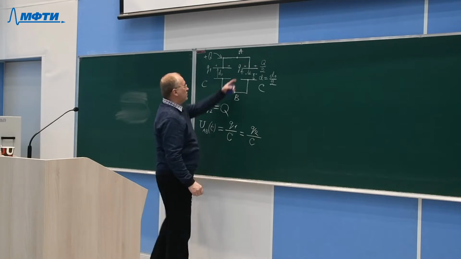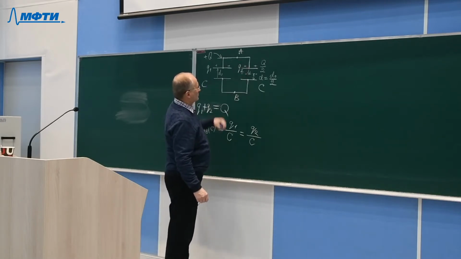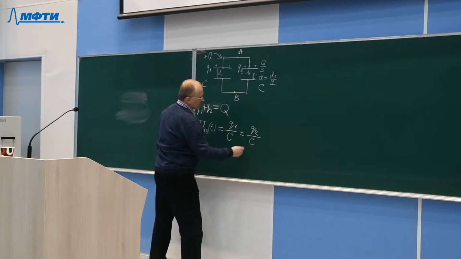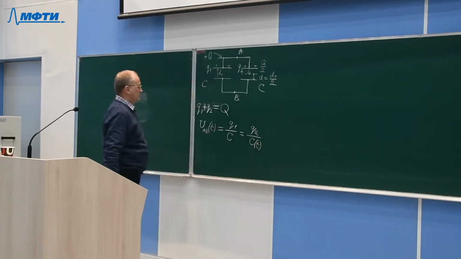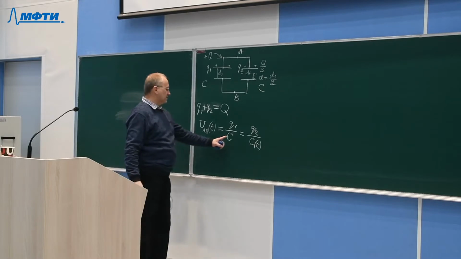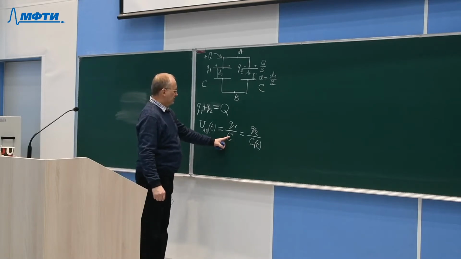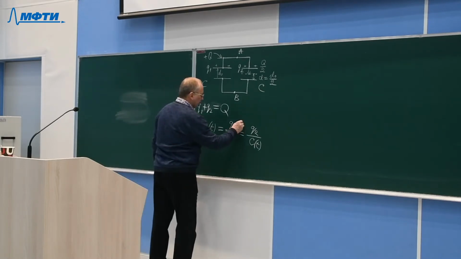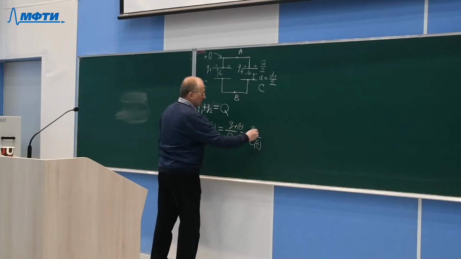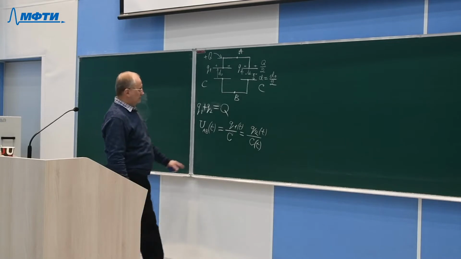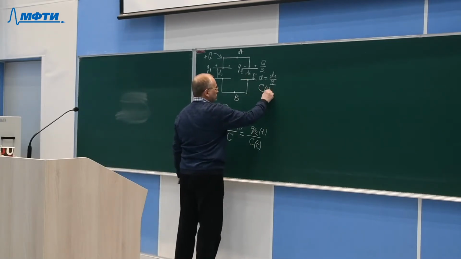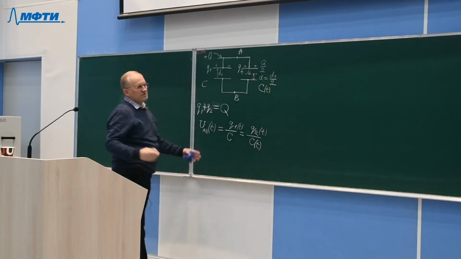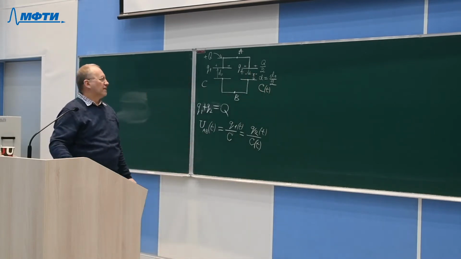But in the process of motion of this upper plate, this second capacitance will be a function of time. The first capacitance does not change in time, but the charge of the first capacitor may change in time, and the charge on the second capacitor may change in time. And the capacitance of the second capacitor may be a function of time, certainly, because the geometrical dimensions are changing in time.